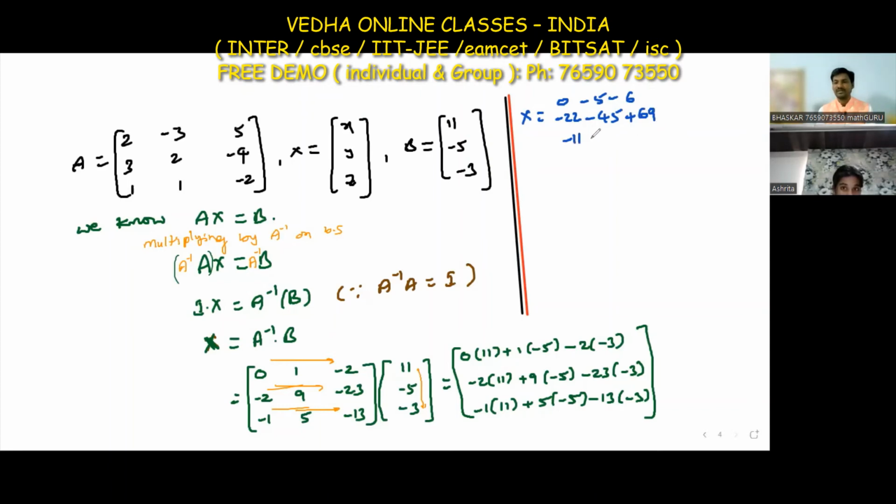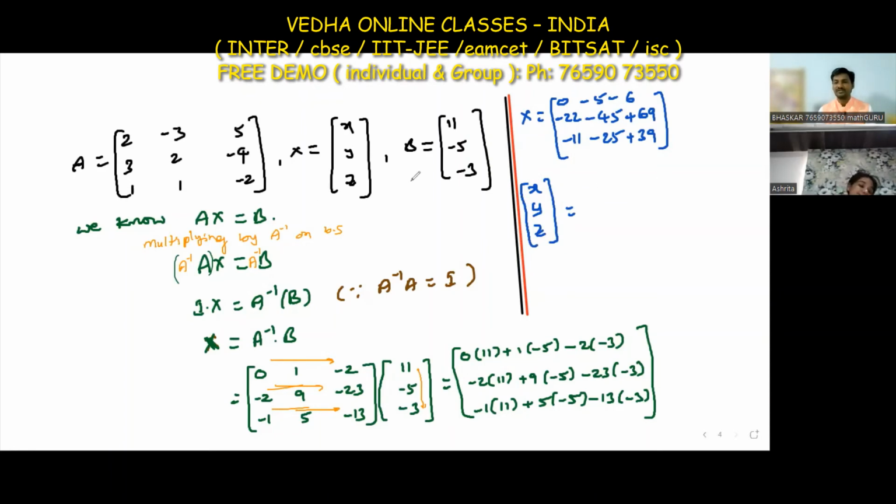And minus 11 minus 25 plus 90 gives 3. Finally, what is the answer? X, capital X, is nothing but the variable matrix x, y, z.